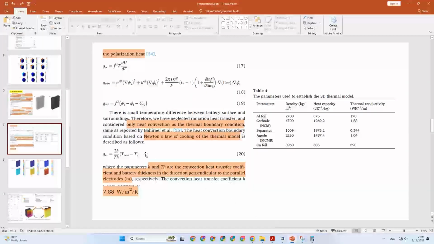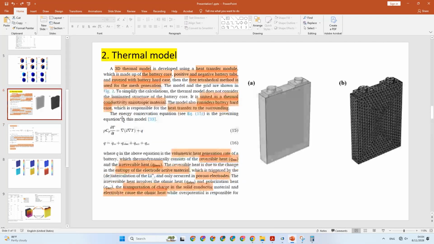I think we have 1, 2, 3, 4 terms of Q. That is, we have Q irreversible and reversible. The irreversible contains O, ACT, and EXT. ACT may be for polarization heat.